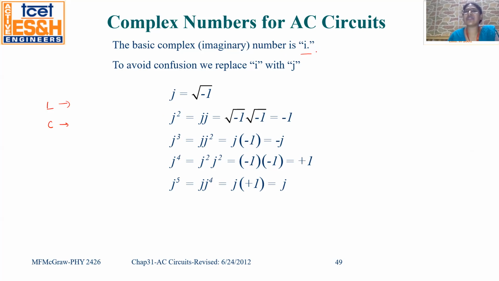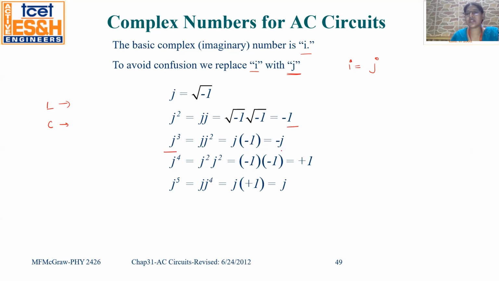But in electrical engineering, to avoid confusion, because i itself is used for the instantaneous value, here we use j in place of i. So j is nothing but the square root of minus 1. If you square it, it equals -1.